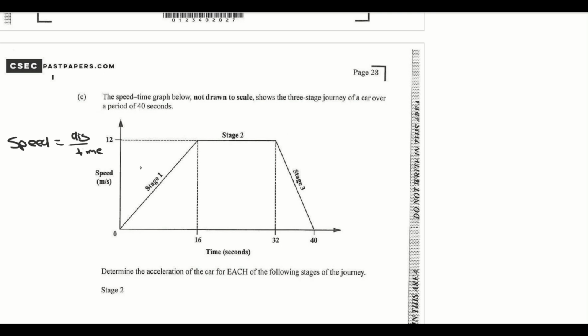Stage 1 was the increase, stage 2 was the plateau, where there was no change in speed, and stage 3 is when it is decelerating. So stage 1 is acceleration, stage 2 is constant, and stage 3 is deceleration.